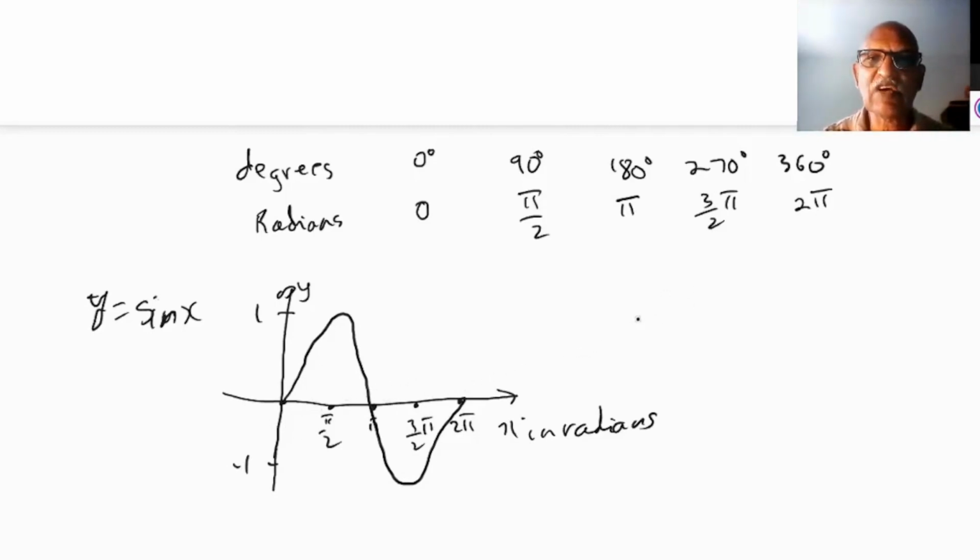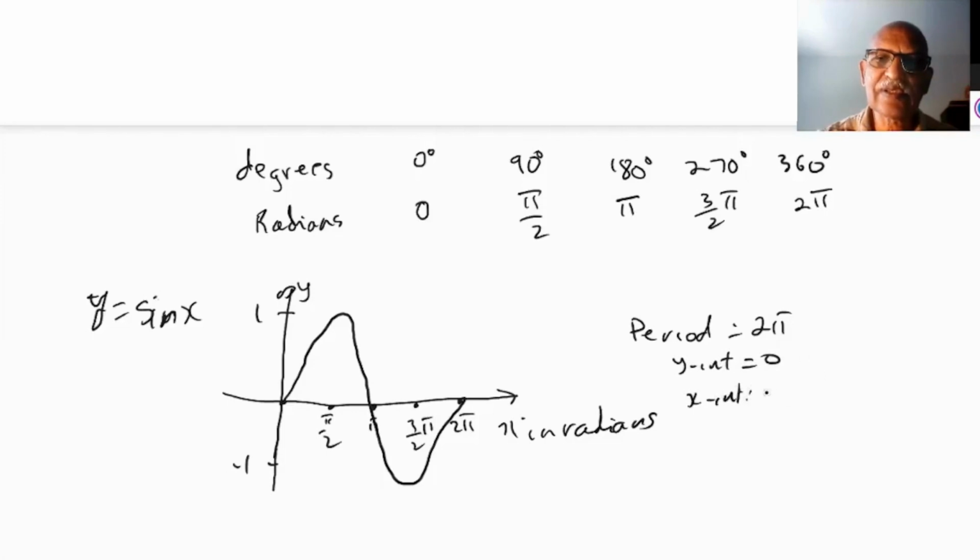The only difference now is the period will be in radians. The period will be 2 pi. The y-intercept is 0. The x-intercepts are 0, pi, 2 pi, and so on.